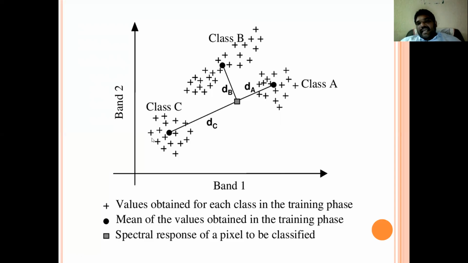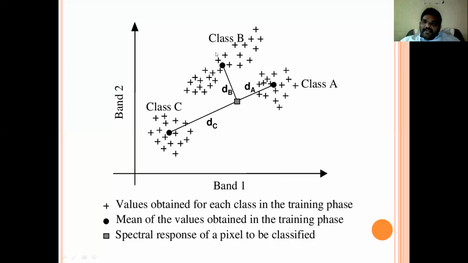In the same way, from the neighboring classes also, you will find the mean value of all the digital numbers of that particular class, and draw a line to connect to the unidentified pixel. The same way from the class A digital number mean value also.